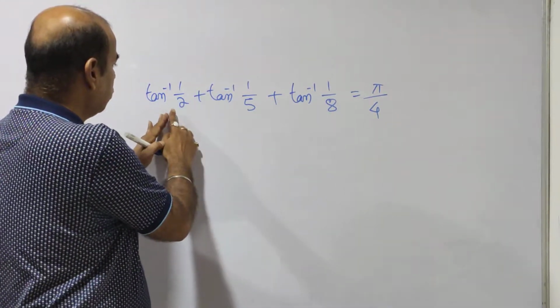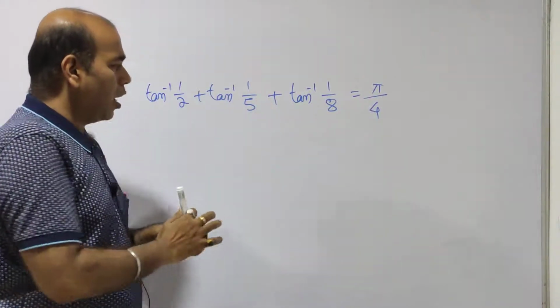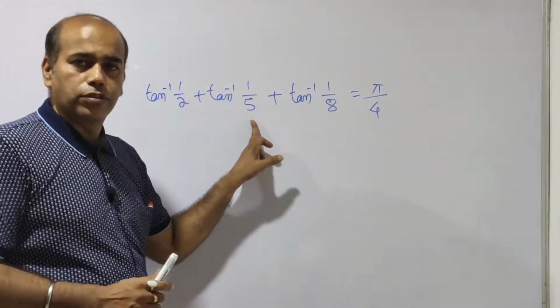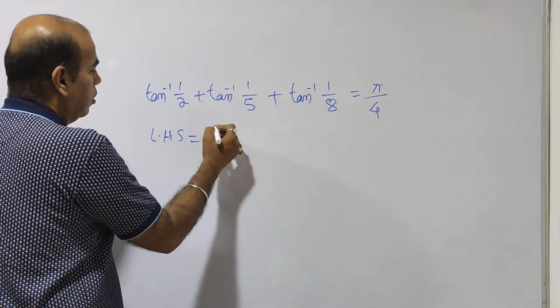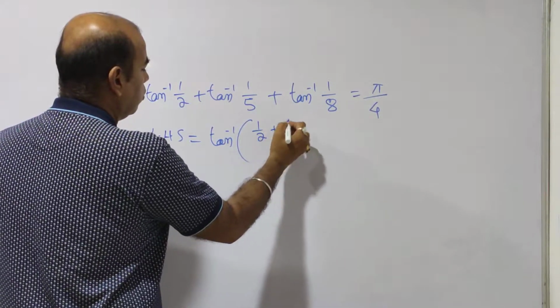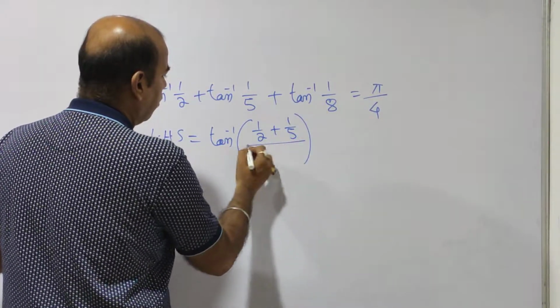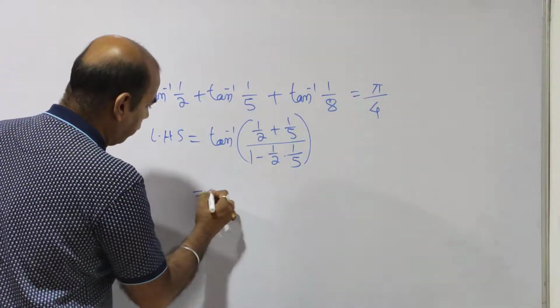First I will use tan inverse x plus tan inverse y within these two. I am clubbing these two first. So let's see what happens. LHS: tan inverse of 1 by 2 plus 1 by 5 by 1 minus 1 by 2 into 1 by 5.